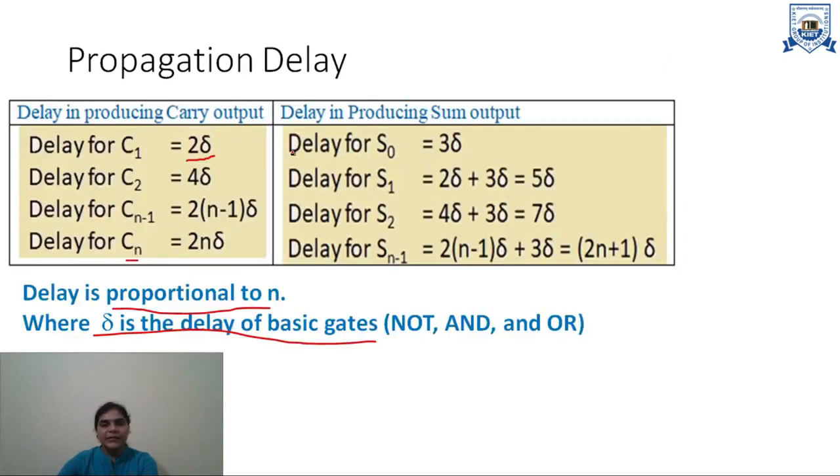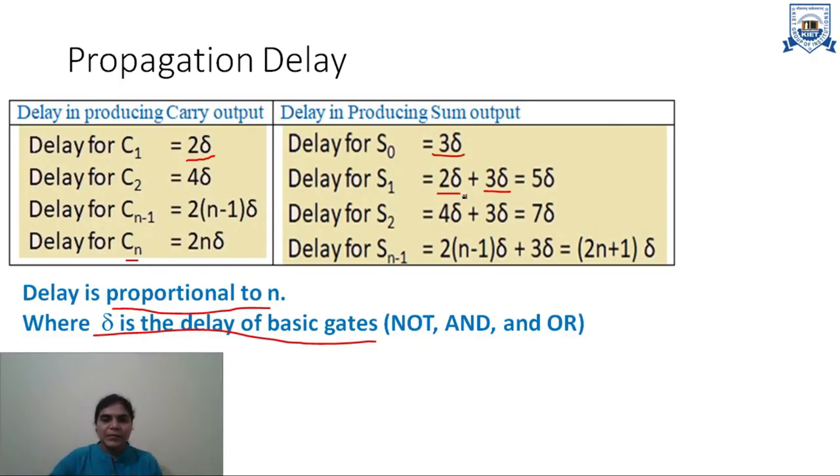Now let's understand the delay for sum. As we have seen, sum is produced after 3 delta. So here the sum at the next stage will take 3 delta to produce sum, plus the 2 delta for the carry from the previous stage.